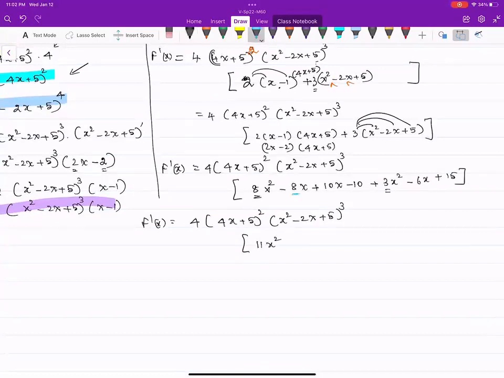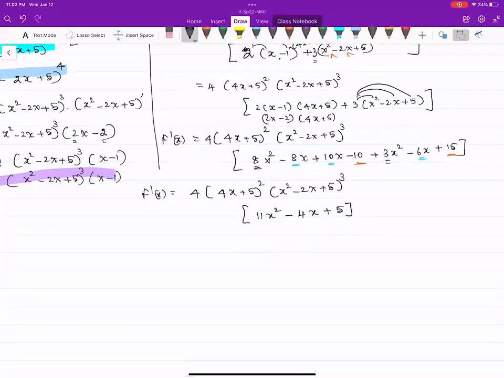And if we combine the like terms, negative 8 plus 10 will be positive 2, positive 2 minus 6 will be negative 4, so negative 4x. And then the numbers, negative 10 and positive 15 will be a positive 5.) So that will be the product. That will be the value of the derivative by applying the chain rule.